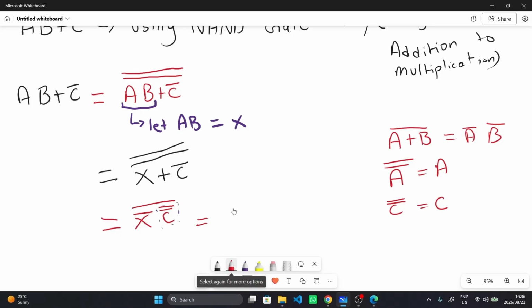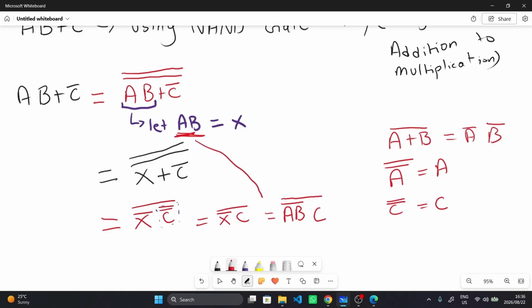So that will be X complement times C complement. And then, sorry, then we can bring this variable here back to replace X. So we can bring this back. So this becomes AB complement times C complement.